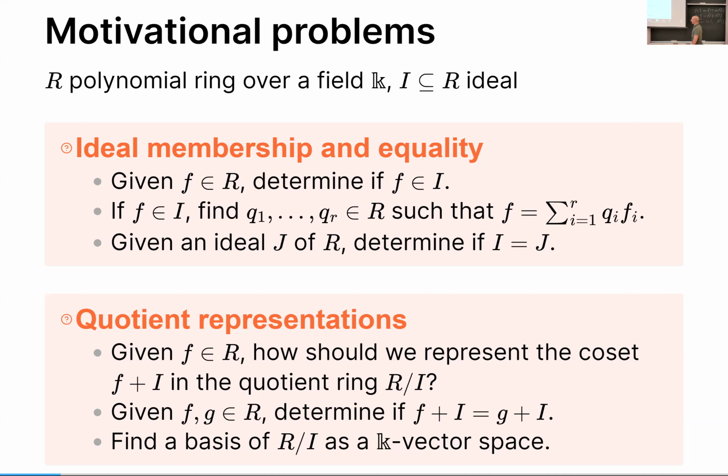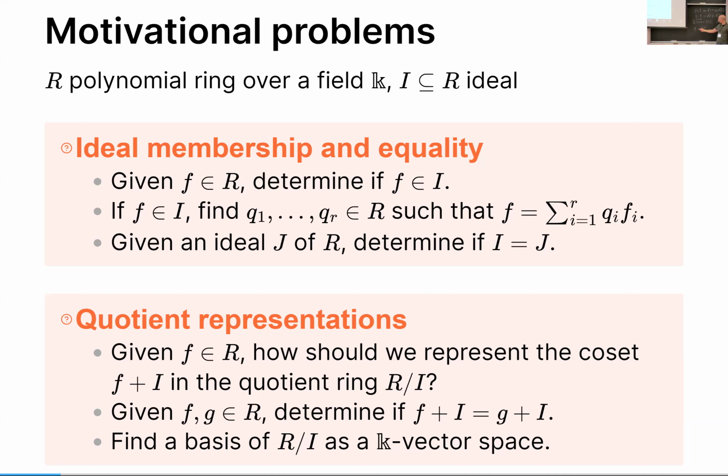And then also, again, more motivations from geometry. Can we determine if two cosets are the same, even if they're given by different representatives? Well, what would this mean if f and g represent the same coset? It means that the difference belongs in I. And so this difference is one of the boring functions that vanishes on your variety, right?